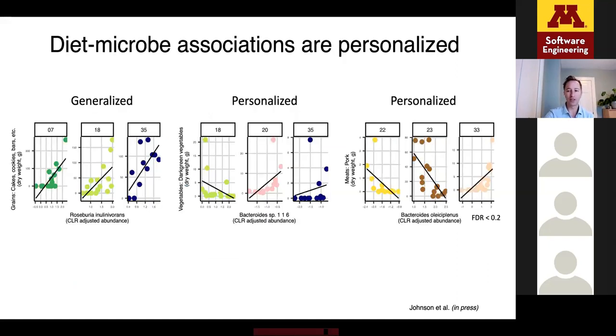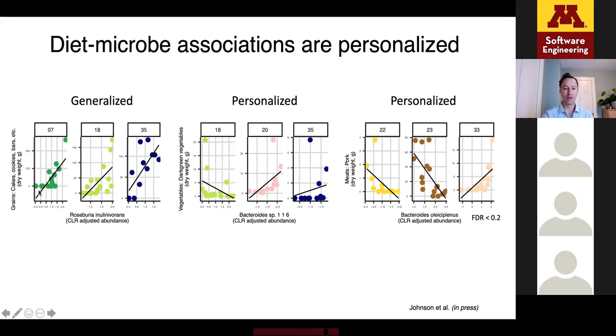But from this, we could now see this cool stuff happening at the individual food level. And then we also saw that there were associations because we were able to do the shotgun sequencing on all the time series samples. We could actually ask for each individual person, do you have any associations between a particular food type and a particular microbe?